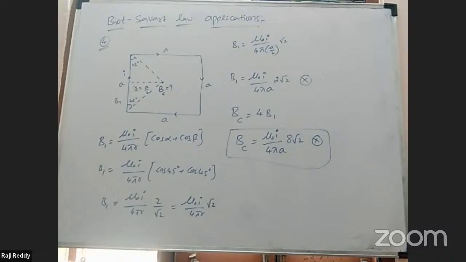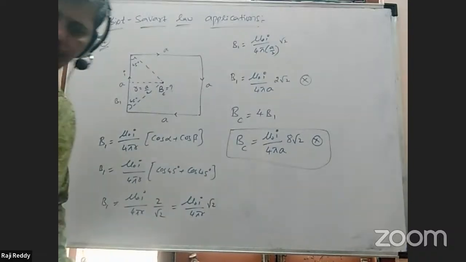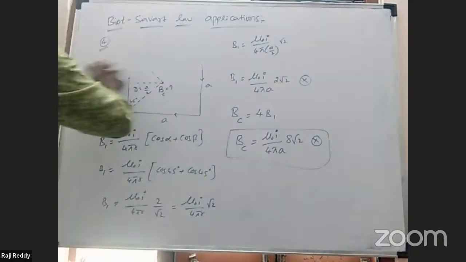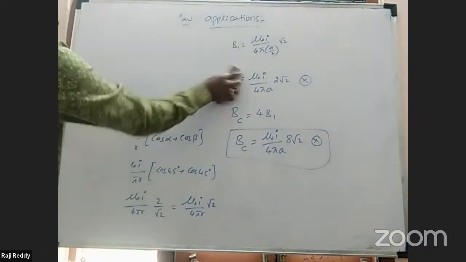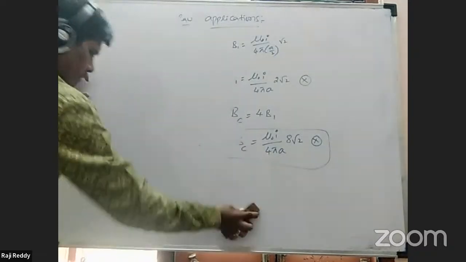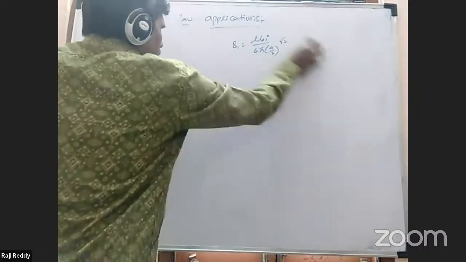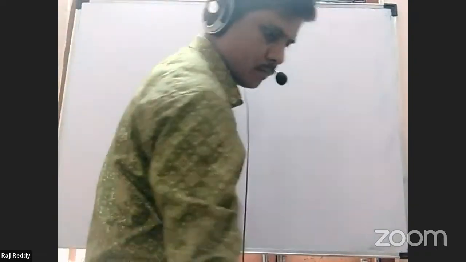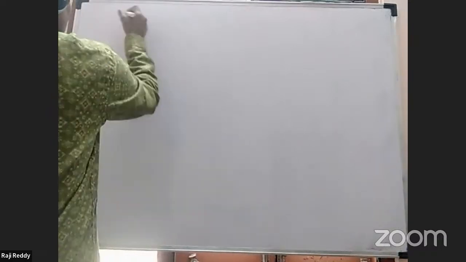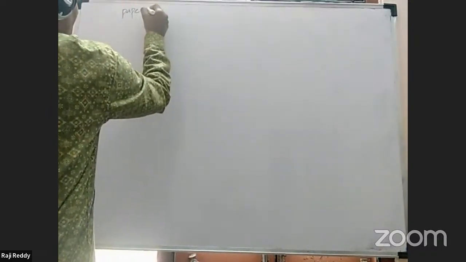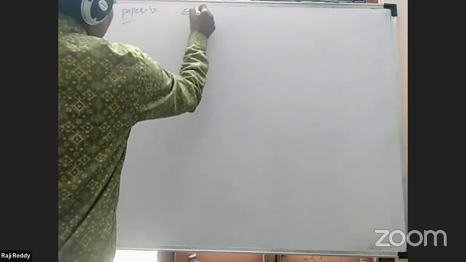Operational amplifier waveform generator. 13th unit. Paper 4, electronics paper.